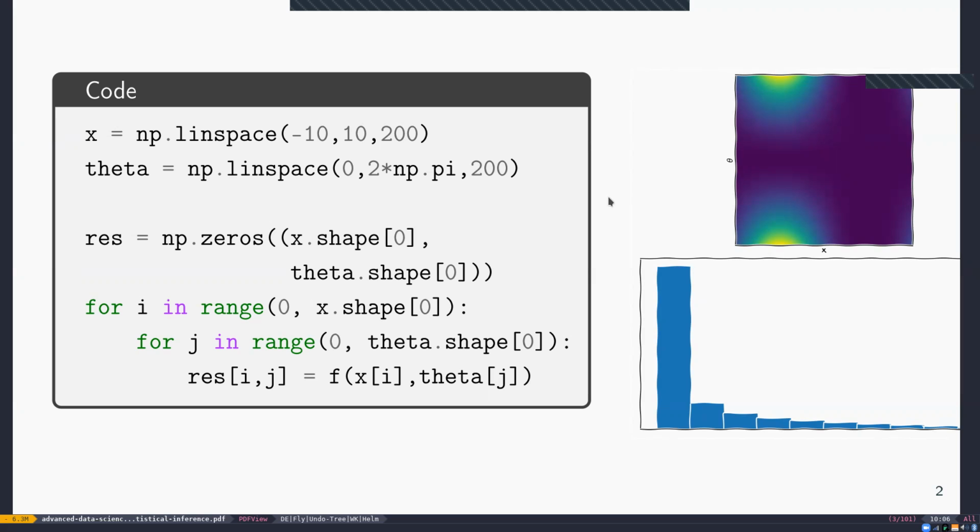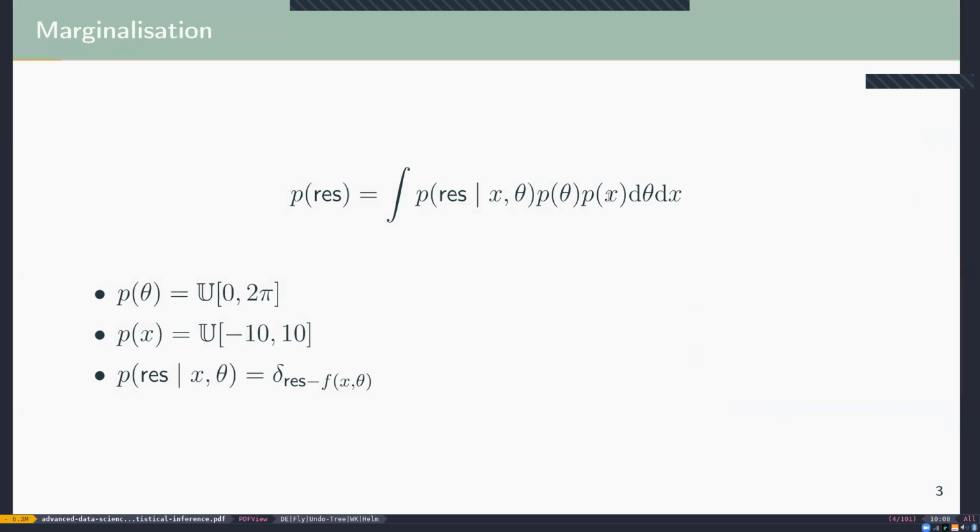Cool. So that process that we just did is something that we can think about as the concept of marginalization. So let's say, in this case, we have this function that I give an x and a theta, and it returned res, right? That is something that we can think of as a likelihood function.